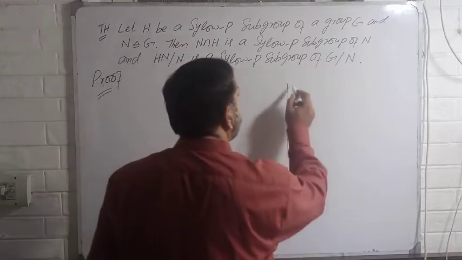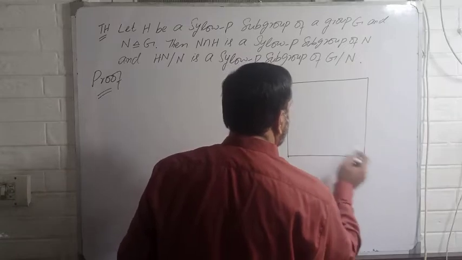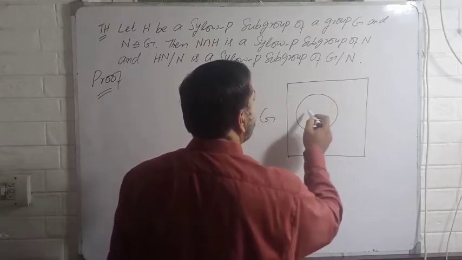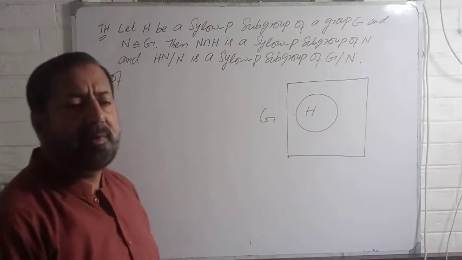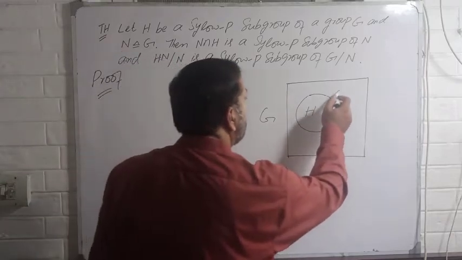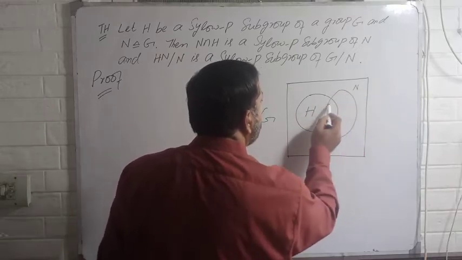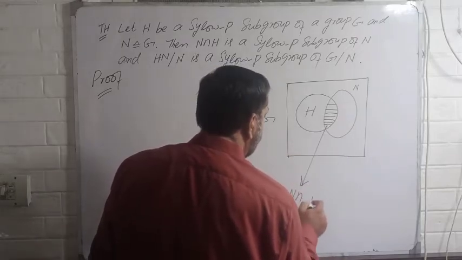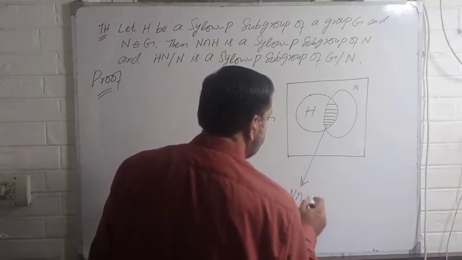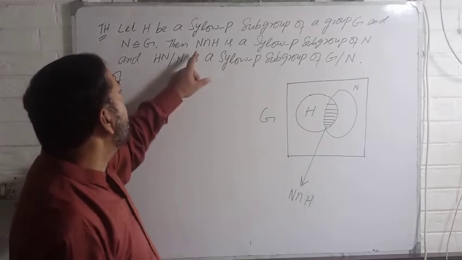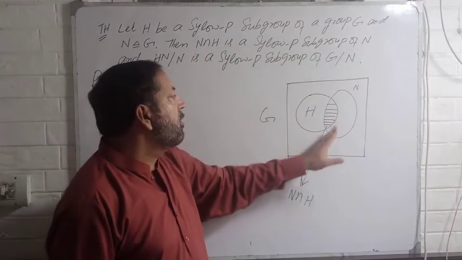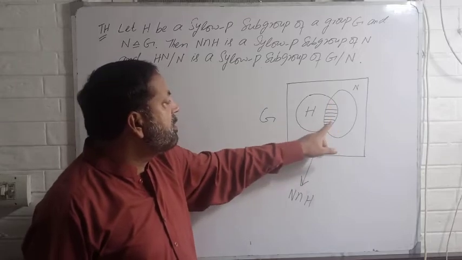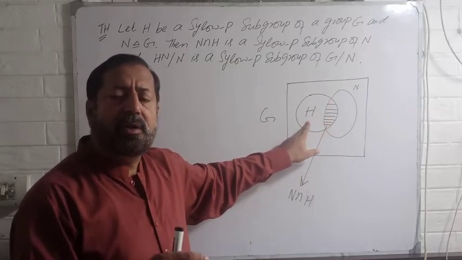Look at here. This is your G and this is your H, say it's a Sylow-p subgroup of G, and this one your N. Now this portion is N intersection H. We need to show that N intersection H is a Sylow-p subgroup of N. You know this portion, since H is a Sylow-p subgroup, being a subgroup of a Sylow-p subgroup, is a p subgroup.